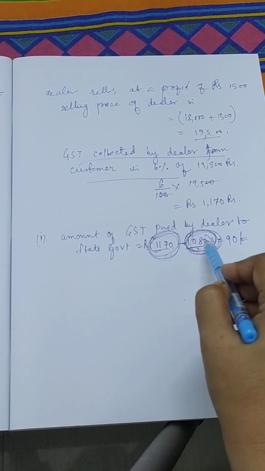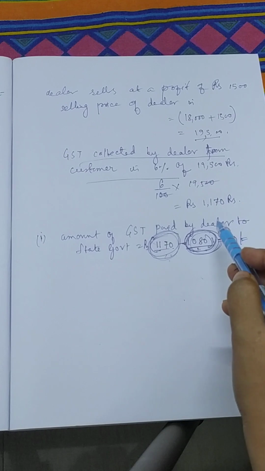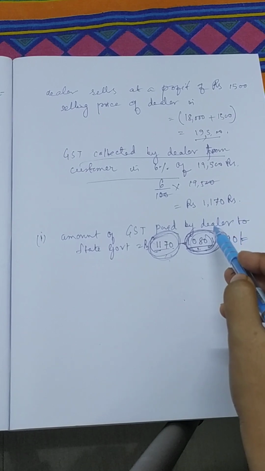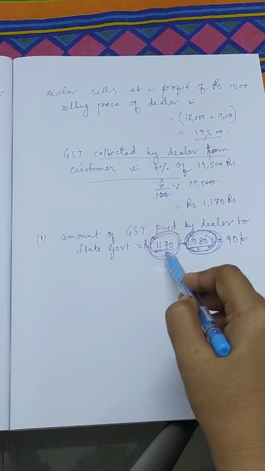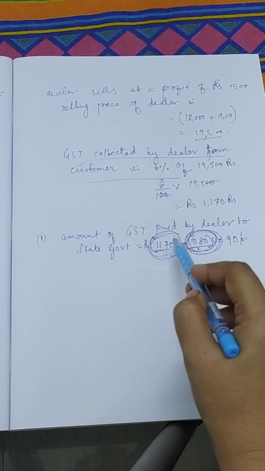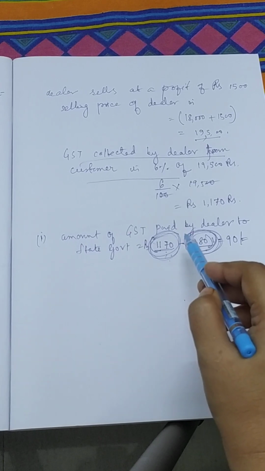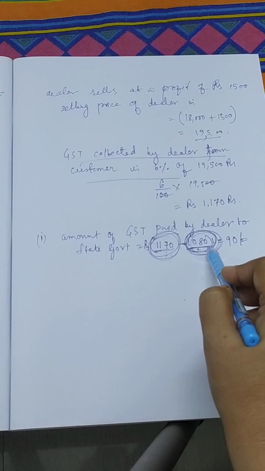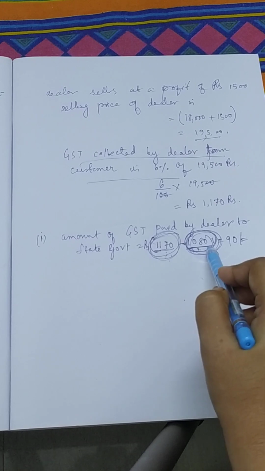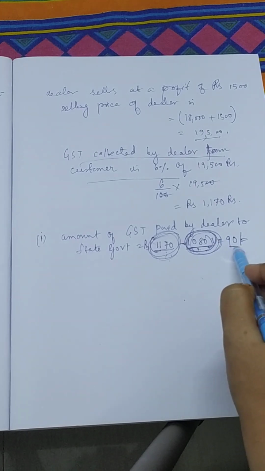Then why should he pay extra? So the GST he has collected from the consumer minus the amount he has already paid is 90 rupees extra at the end of the financial year.